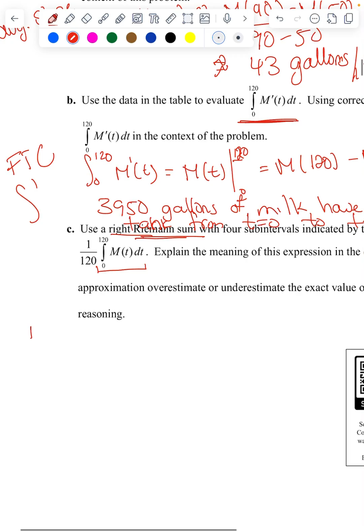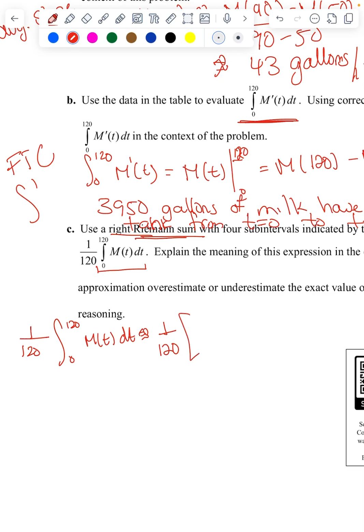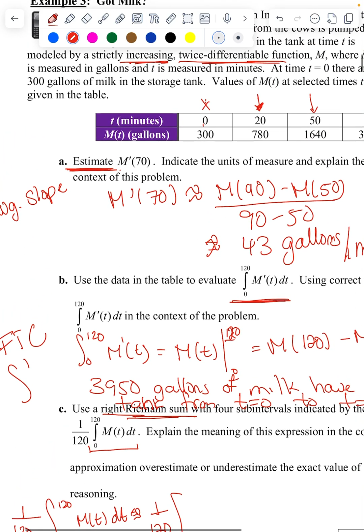So we have 1 over 120, the average value from 0 to 120 of m of t dt. Using Riemann sum, we are approximating. So 1 over 120 is coming along for the ride. And remember, Riemann sum is just a rectangle.